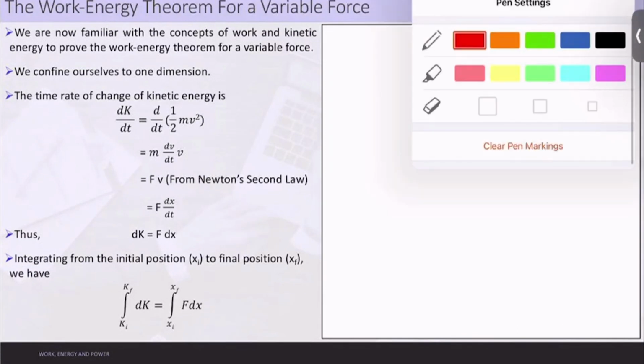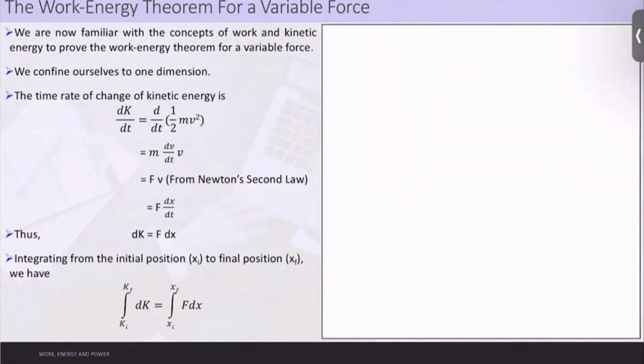Everything I'm saying will be explained much more clearly when we do some examples. So dK is equal to f dot dx. Now let us integrate it. When we integrate it, it's the integration of dK equal to the integration of f dot dx.